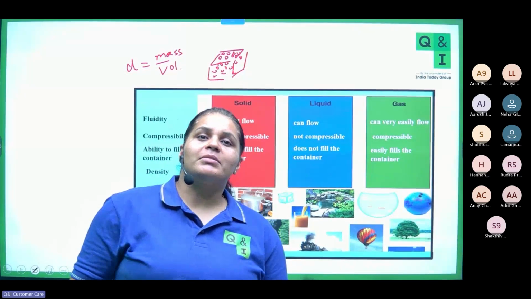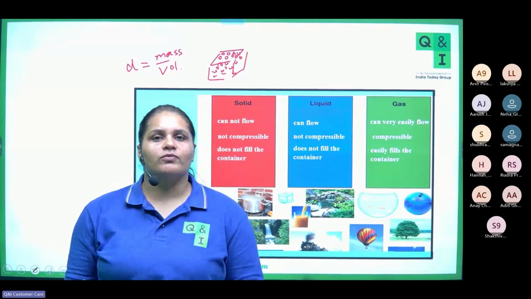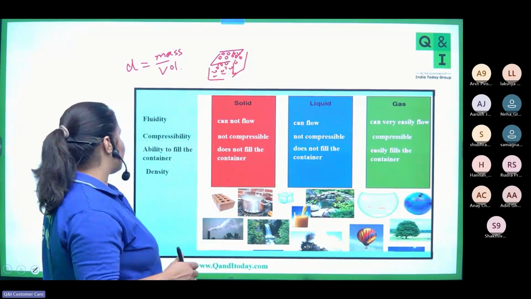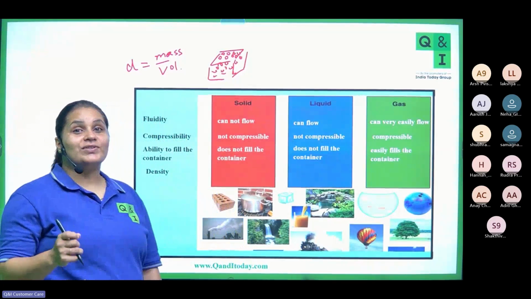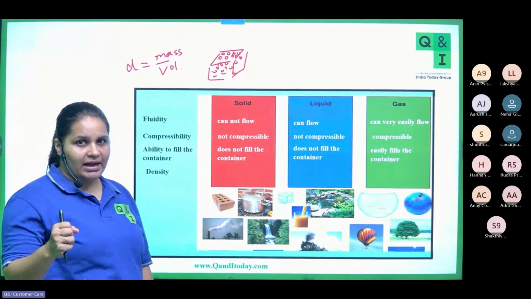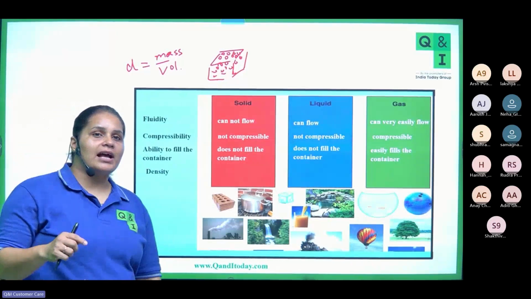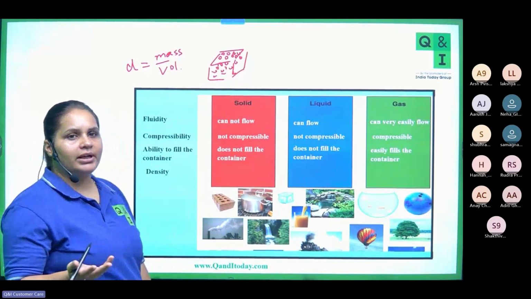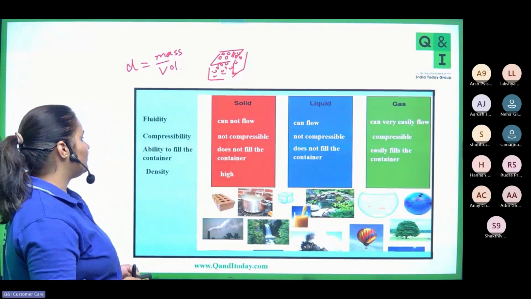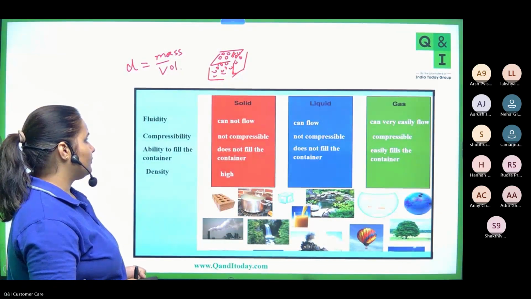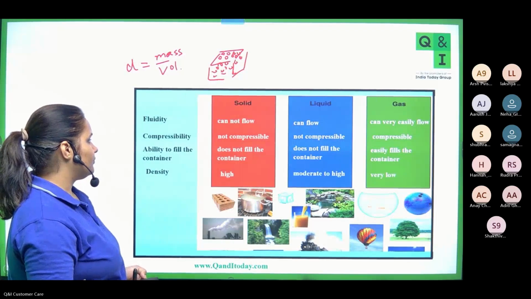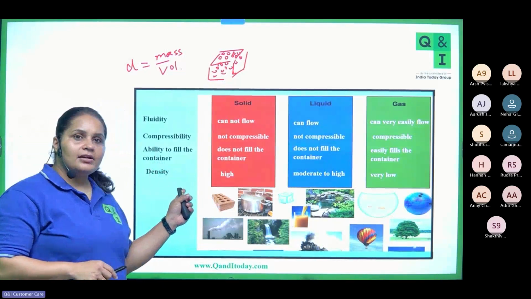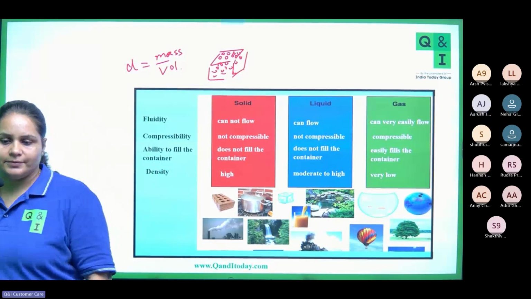Like if I take 1 meter cube of volume or 1 centimeter cube of volume, then how much mass is there? Yes, in case of solid, the density is very high because particles are closely packed. So density will be high. In case of gas, that will be very low, whereas liquid is going to have moderate density. Am I clear? Is it clear, everyone? Density, please note down all the points.